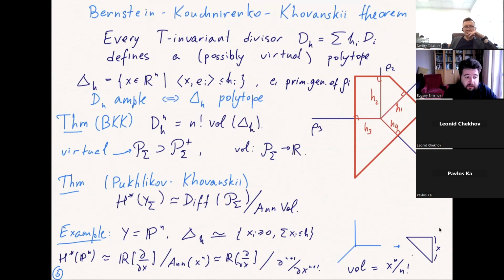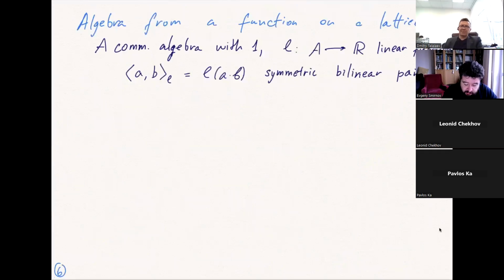describe the Grothendieck ring of toric varieties in similar terms, and this is done as follows. I started with a polynomial on a vector space, but let me now take a lattice and take an arbitrary function on this lattice. Lattice is just Z to the power d.